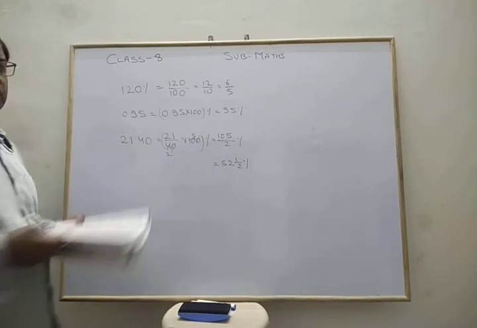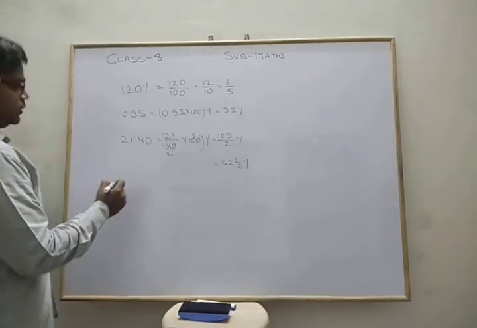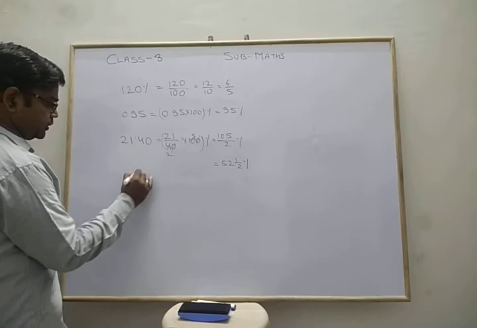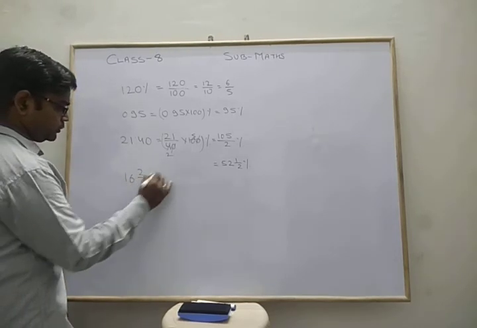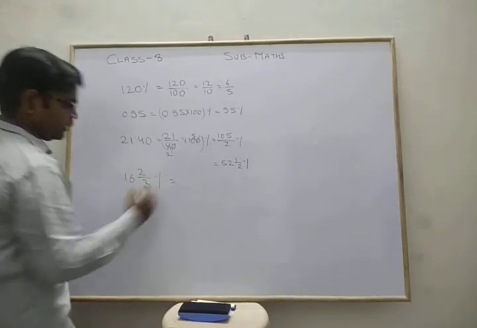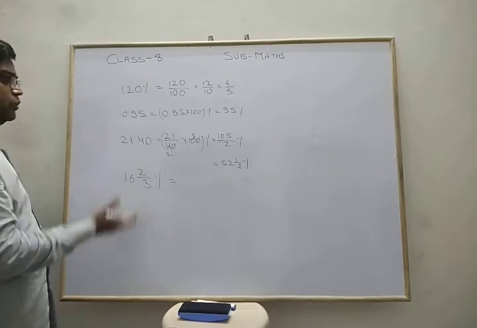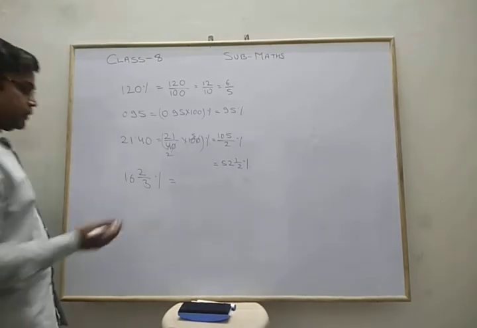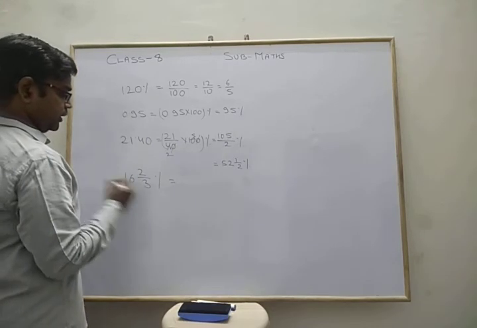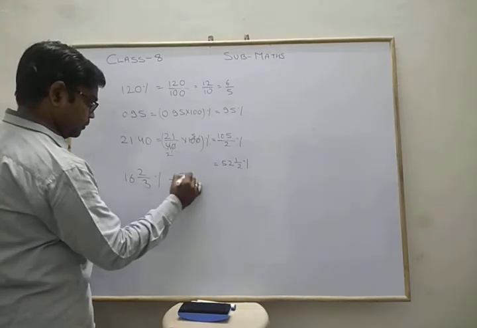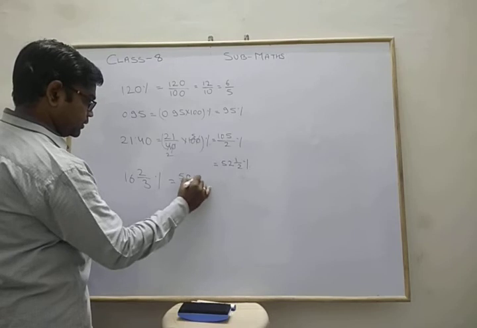Percent as ratio is the easiest one. 16 whole 2 upon 3%. I am not mentioning the number; you must know which question I am solving. 16 3s are 48, plus 2, 50 upon 3%.